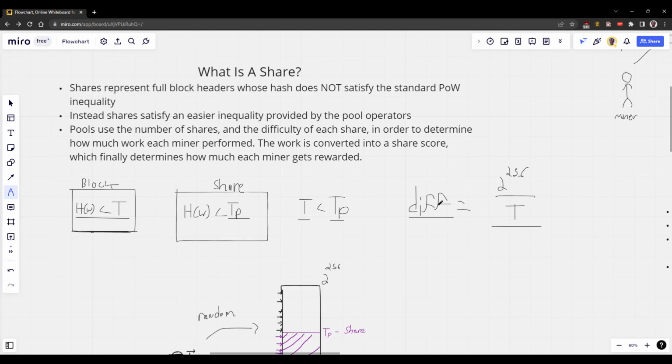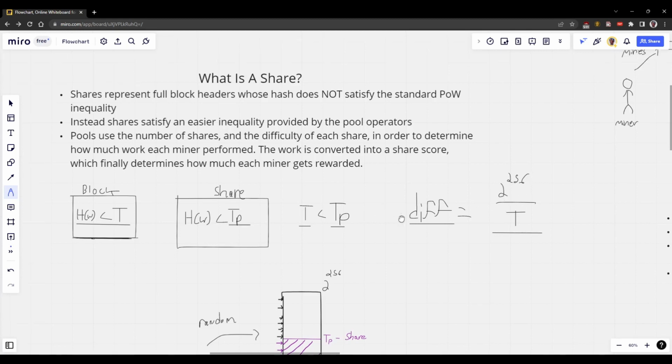We'll use the difficulty, which is sort of the inverse of the target, calculated by 2^256 over T. So when we refer to T_P, you may also know it as the stratum difficulty, which is simply the difficulty representation of T_P.